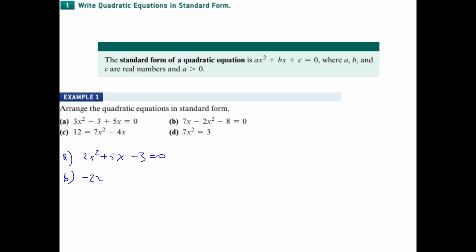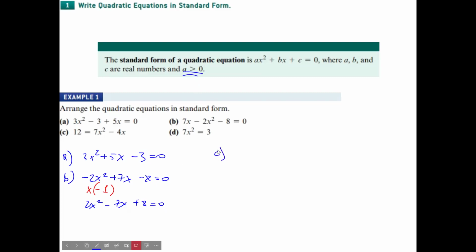You have minus 2x squared plus 7x minus 8 equals 0. Now what I need is to multiply by -1, and I have 2x squared minus 7x plus 8 equals 0. Okay, because a, the highest coefficient, has to be more than 0. Okay, right there.